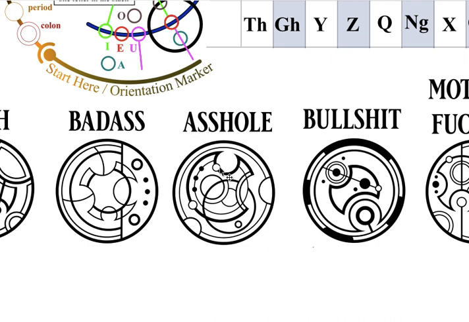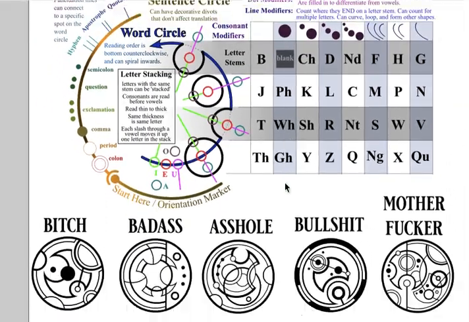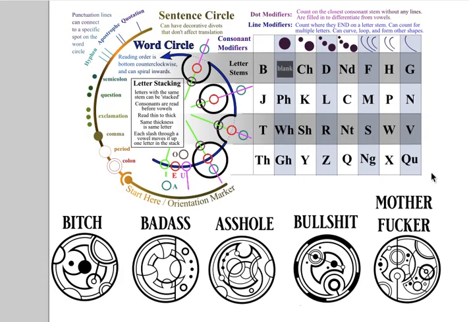Then we have this deep divot with 1, 2 lines. So that makes it, let me go back up here so you can see everything again. Okay, that makes it an H, deep divot 2 lines, and then an O attached to it like a bead on a string, which if we follow down is an O. And then we have 3 dots on the L circle inside the word circle here, and then an E. So there we have our next word.